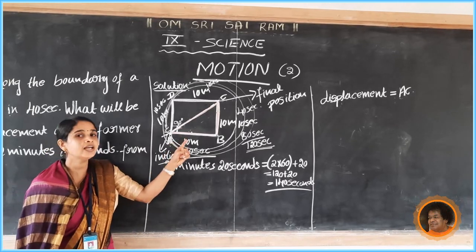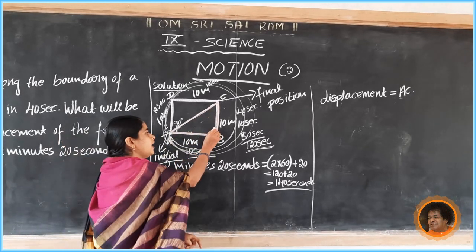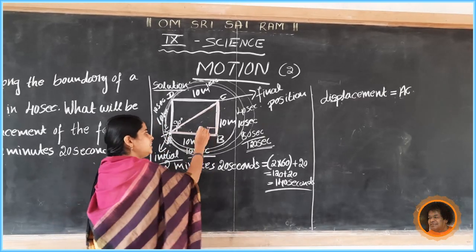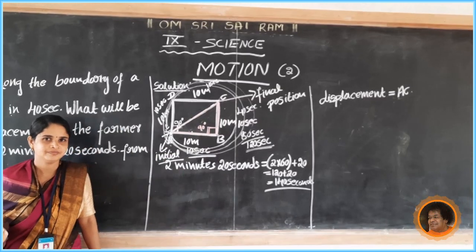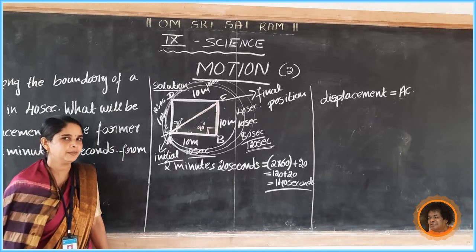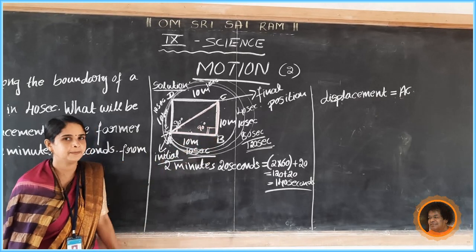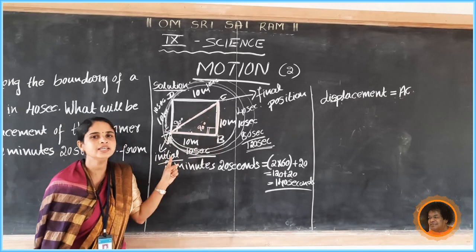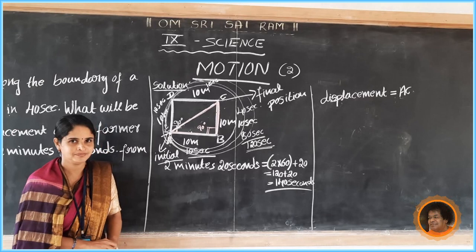And in this triangle, angle ABC, that means this angle B. What is the value of angle B? It is 90 degrees because in a square, all 4 angles are equal and the value is 90 degrees. So angle B equals 90 degrees. So this triangle ABC is a right angle triangle.